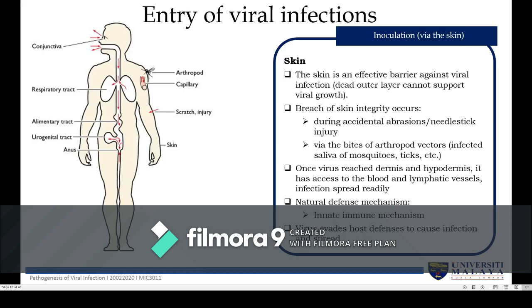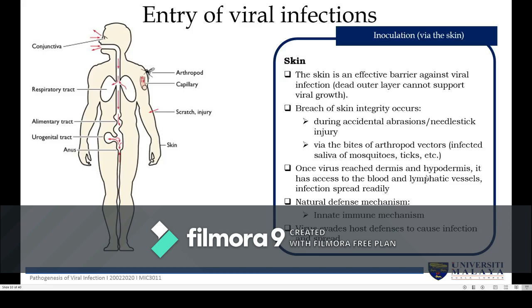But if there is a breach of skin integrity, such as accidental abrasions, a needle stick injury, or the bites of arthropod vectors such as mosquitoes or ticks, yeah, then it can actually cause infections, when the virus can enter through the breach of the skin by these methods.